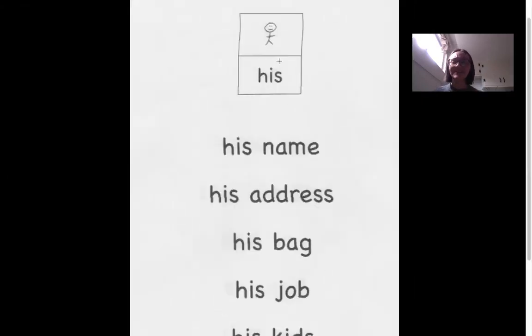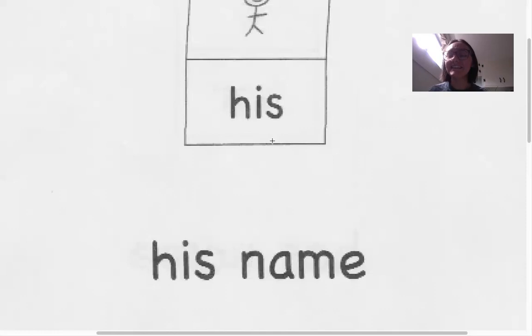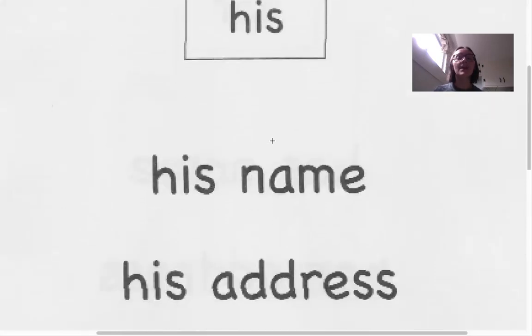Okay, the next one we can use is his. It's an S, but we kind of make a Z sound. His. So this one is his name. We use it for he, right?